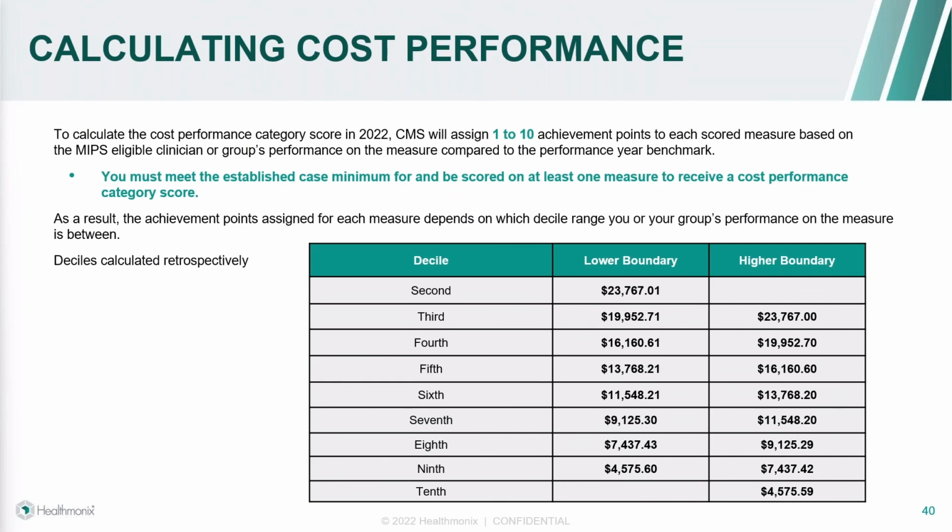That's compared against the overall benchmark to determine which of these ranges you would fall into. It might look a little confusing, but basically the decile, 2nd, 3rd, 4th, 5th, is how many points you would receive. The costs go in an inverse direction, where the highest cost would put you in the 2nd decile, and a lower cost puts you in the 10th decile, which is where you want to be to get the most points.